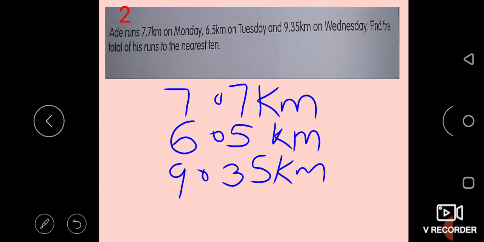Find the total of his runs to the nearest 10. You first of all do this. You sum the total distances.